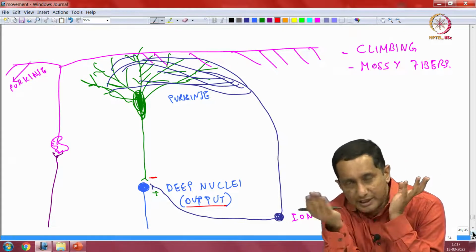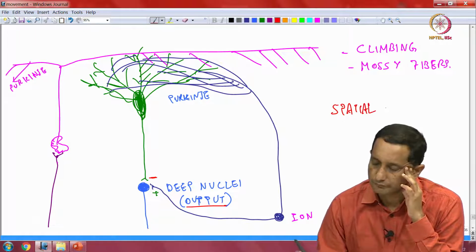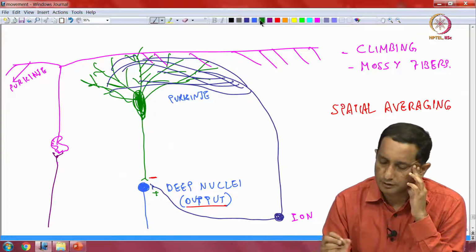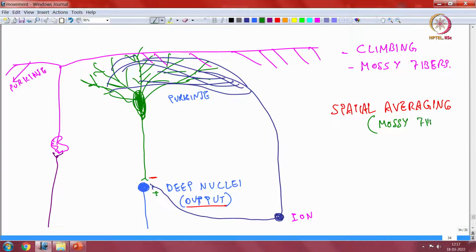The average is spatial averaging for the mossy fiber, and you have point stimulation from the climbing fiber.